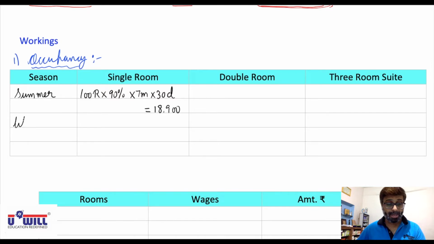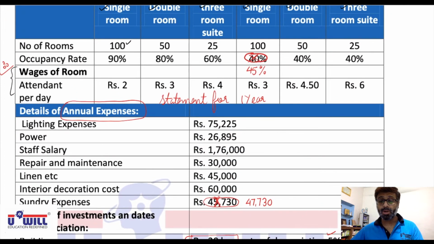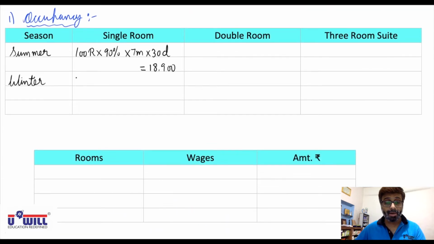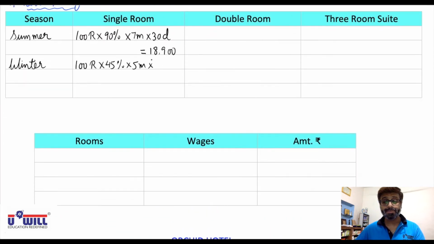Same way for winter. Same 100 rooms, but occupancy is 45%. So 100 rooms into 45% into 5 months, winter is 5 months in a year, and into 30 days.